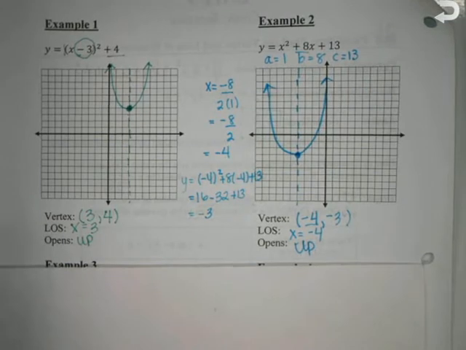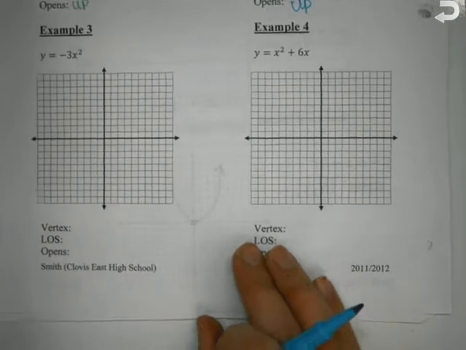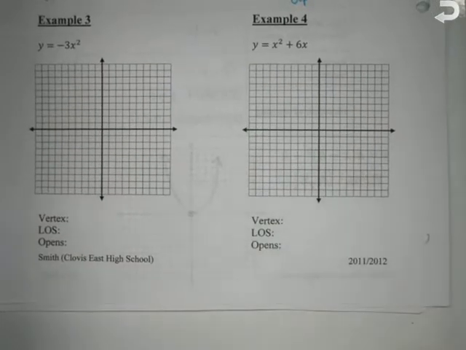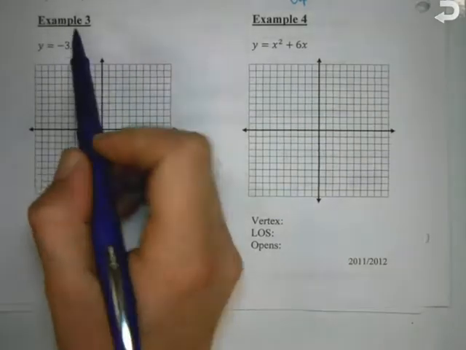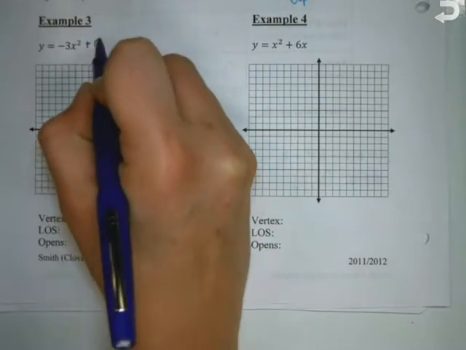So I want you guys to try 3 and 4 by yourself. Looking at number 3, is this one standard or vertex? It's actually standard. It could be vertex too, but let's think about it. If I have negative 3x squared, what's the b term? Same as 0x, right? What's the c term?